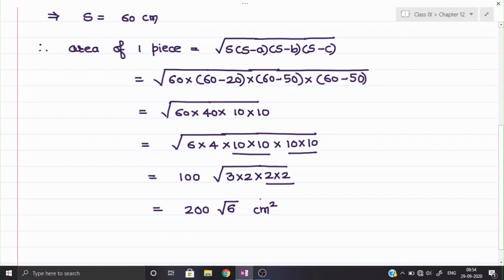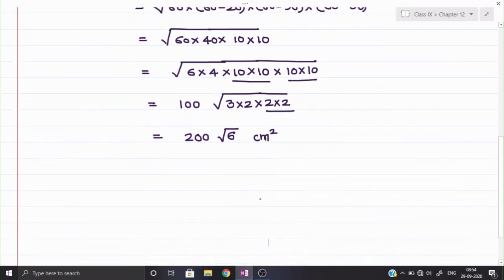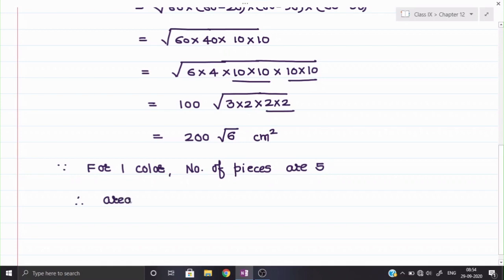Now see, for one color how many pieces are there? We can say that since for one color the number of pieces are 5, therefore the area required for each color, because if one color has 5 pieces, the other color will also have 5 pieces.